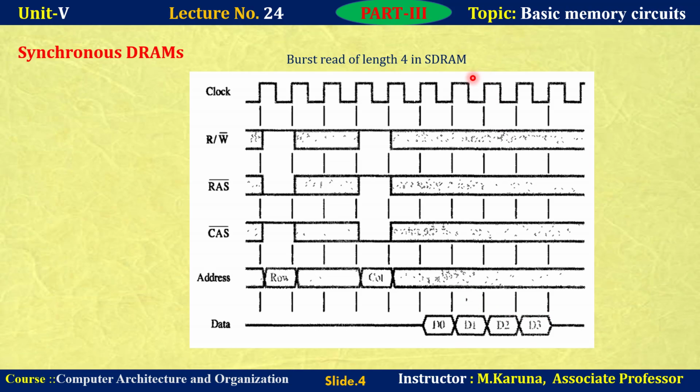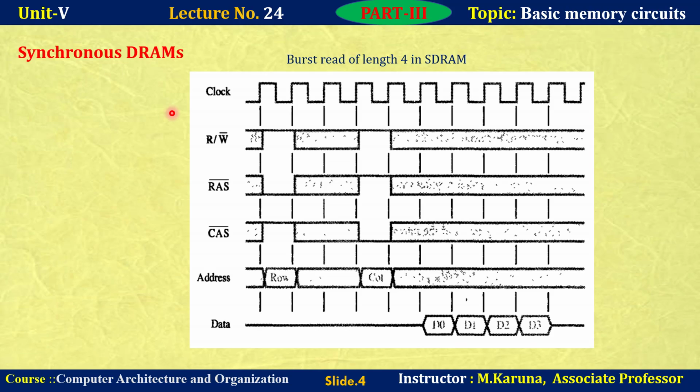During these 3 clock cycles, the remaining data sets are placed on the data lines. Likewise, data will be transferred with the help of this data bus, under the control of all these control signals, which must be synchronized with the clock cycle. That's why this DRAM is called synchronous DRAM.